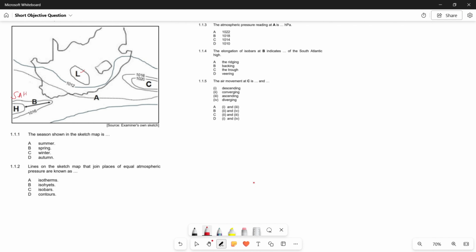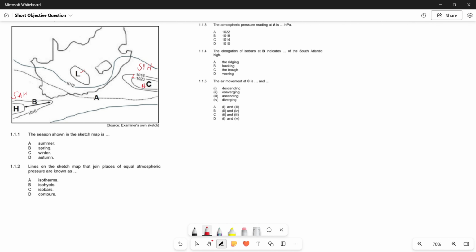And this C is okay. Let's see, this is 1016, this is 1020. You see that the pressure moves from 1016 to 1020, meaning that the pressure is increasing, and increasing pressure results in a high pressure system here. So this automatically becomes a South Indian High.